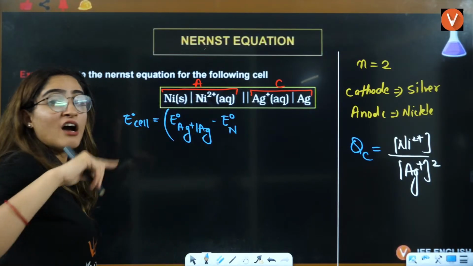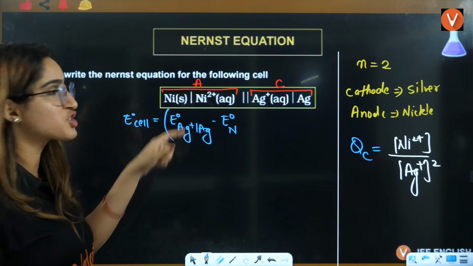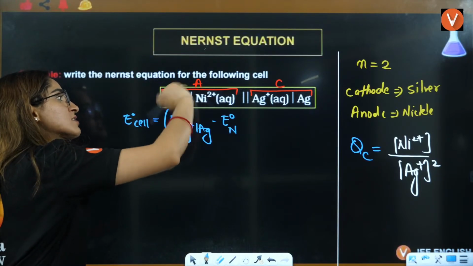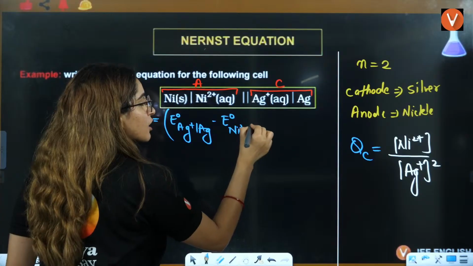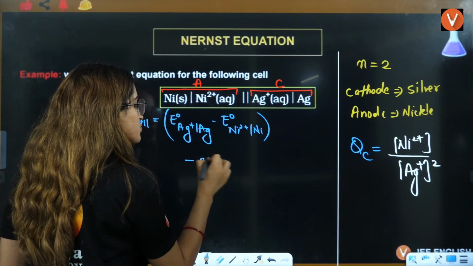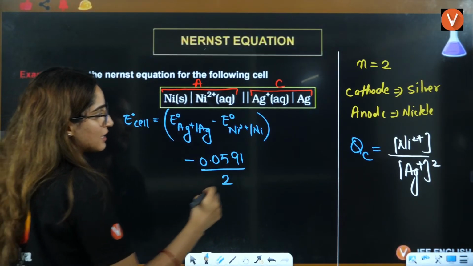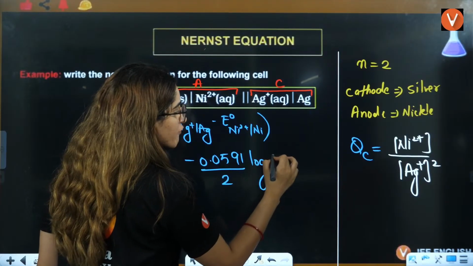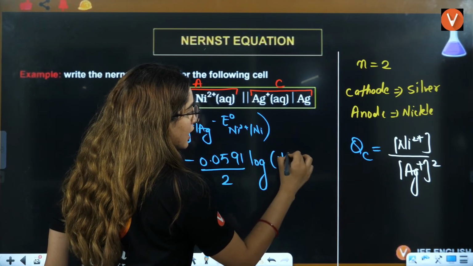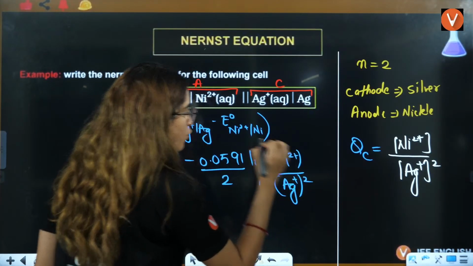For nickel, reduction will be Ni2+ to Ni. This is oxidation, this is reduction, so you'll write the reduction potential here, right? Then you have minus 0.0591 divided by 2, that is n, into log of Ni2+ divided by Ag+ squared.